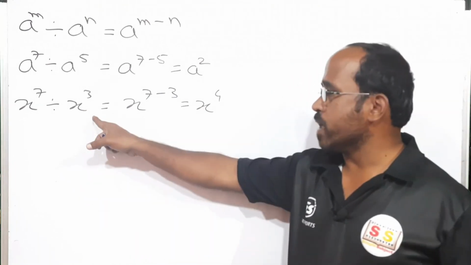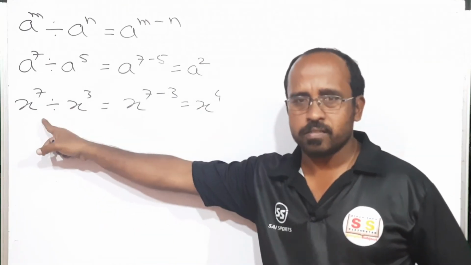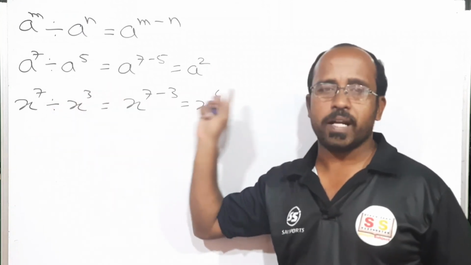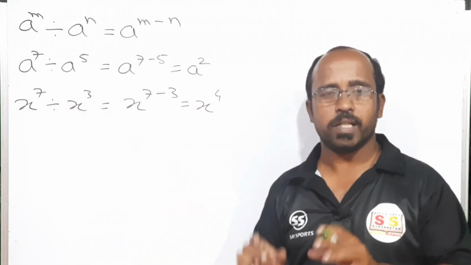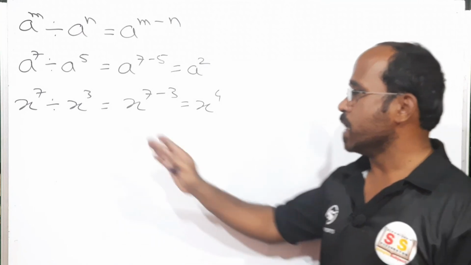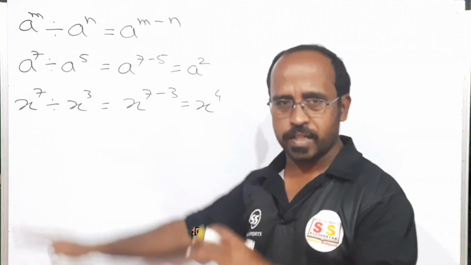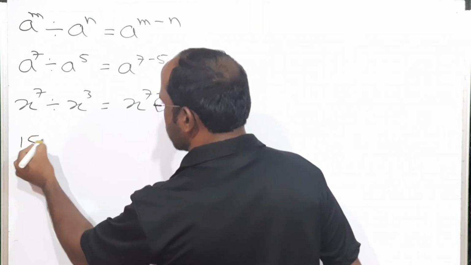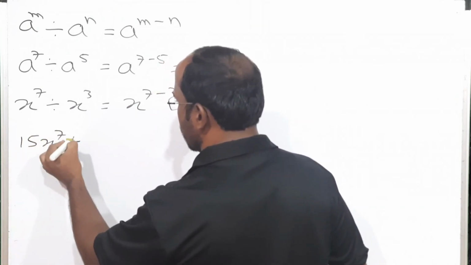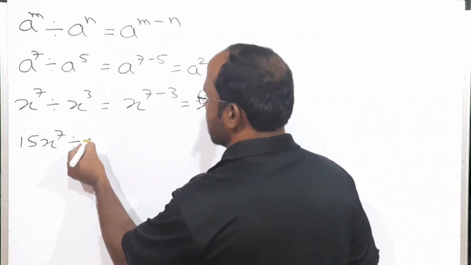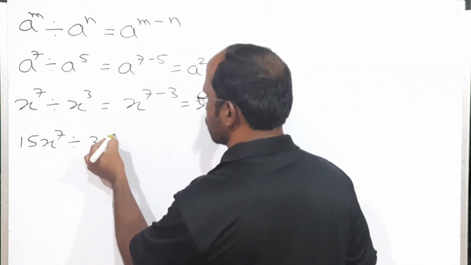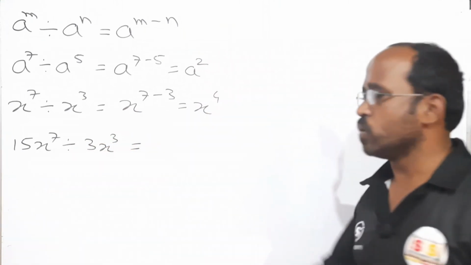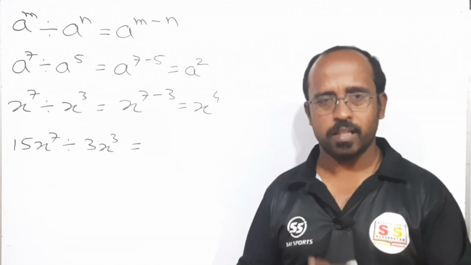Done. So whenever the base is the same, the variable is the same, we have to subtract the indices while doing division of the indices. Now what will happen if there is a coefficient attached? The question is 15x raised to 7 divided by 3x raised to 3. So what to do in this case? Nothing separate.